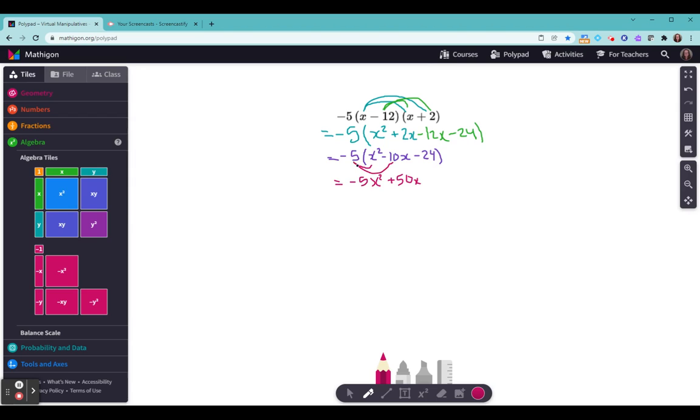Negative 5 times negative 24. Negative times a negative gives me positive. 5 times 24, it's not one that I have memorized, but I know that 5 times 20 is going to be 100, and I know that 5 times 4 is going to be 20, so that's going to give me 120. And there we go. We've multiplied all three together to get 3 terms.